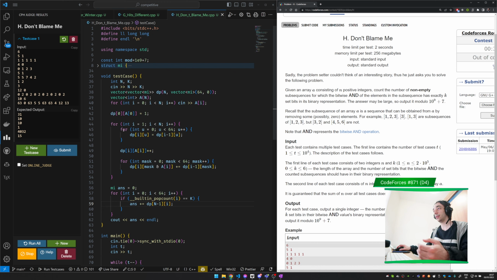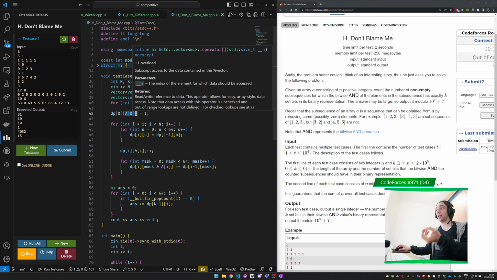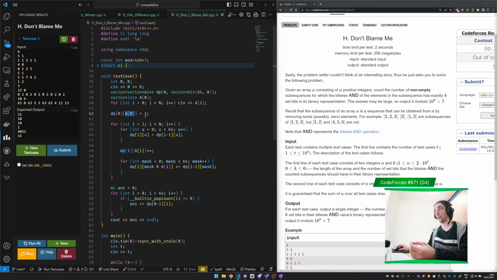What you do is, first, for each position I have a dp, which says: if I'm in this position and I take this number as the last number in some subsequence up to this position, how many such subsequences exist? In the 0th position, there is only one subsequence that ends at A0, the first number.